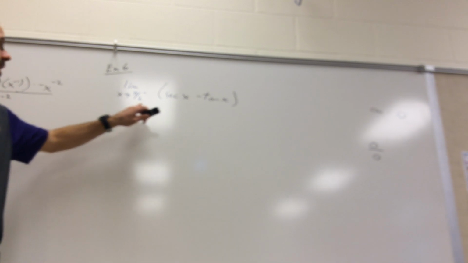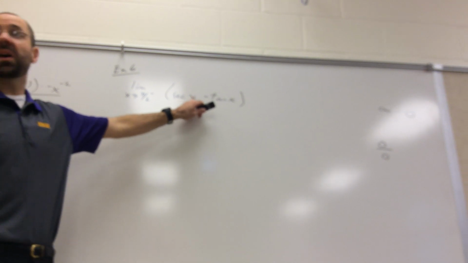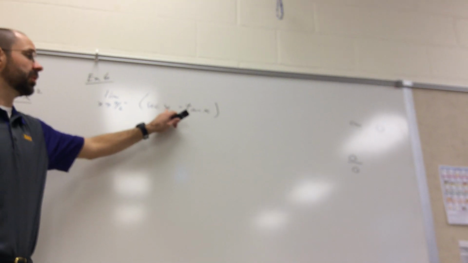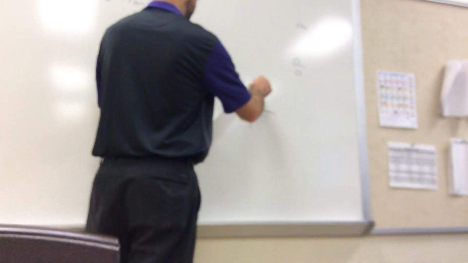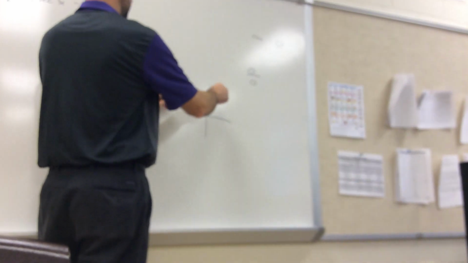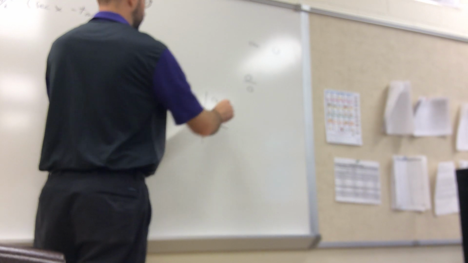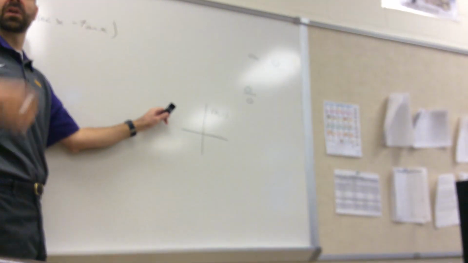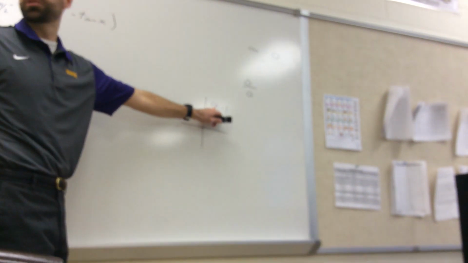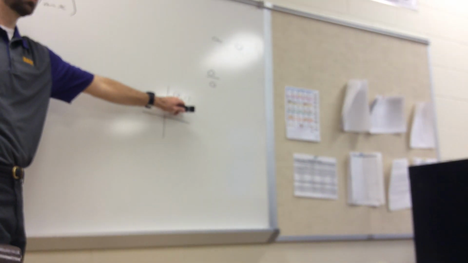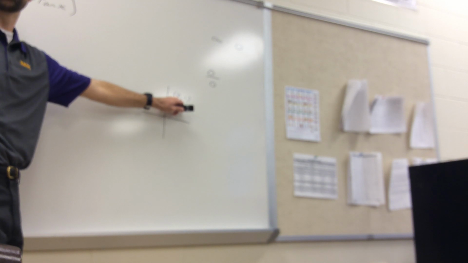Okay, so we got to take the secant of pi over 2. So here's our unit circle. Pi over 2 is up here. This is 0, 1. So we're getting close to 0. Sorry, secant is 1 over cosine.